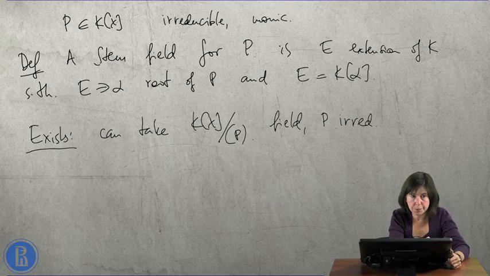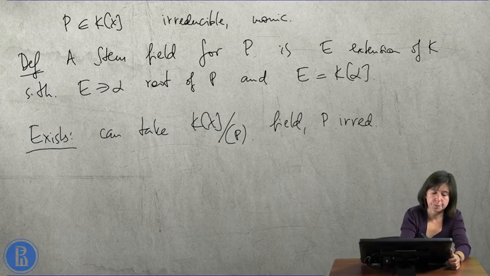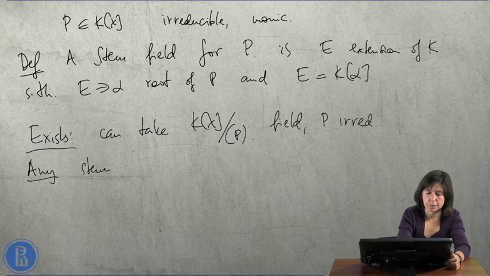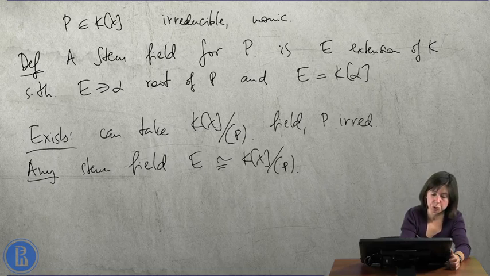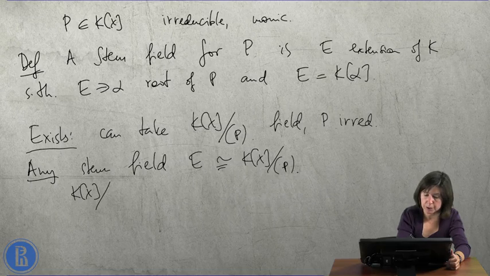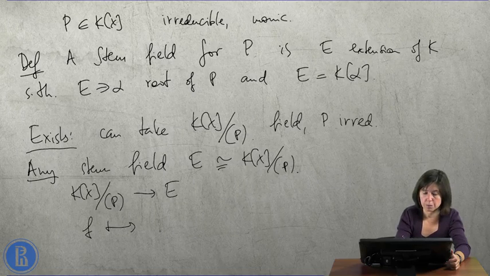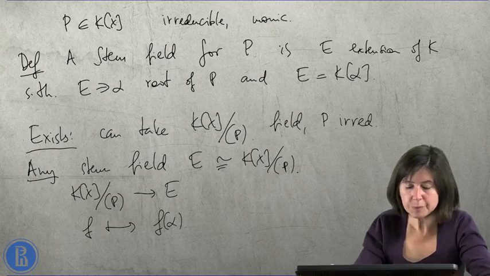Well, on the other hand, any stem field E is isomorphic to such a thing. Well, it is easier to define the isomorphism in the other direction. Let's say k of x modulo p goes to E by the following formula. So f goes to f of alpha. Okay?